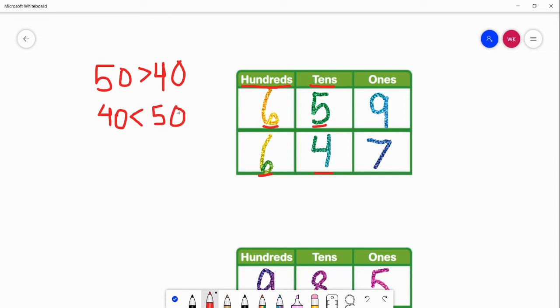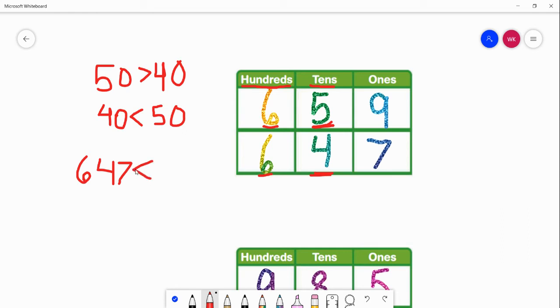In this situation, we know that the number on top, 659, is greater than 647 because that 5 in the tens place is greater than the 4 in this number. I'm going to change it around though. 647 is less than, so it has less value.